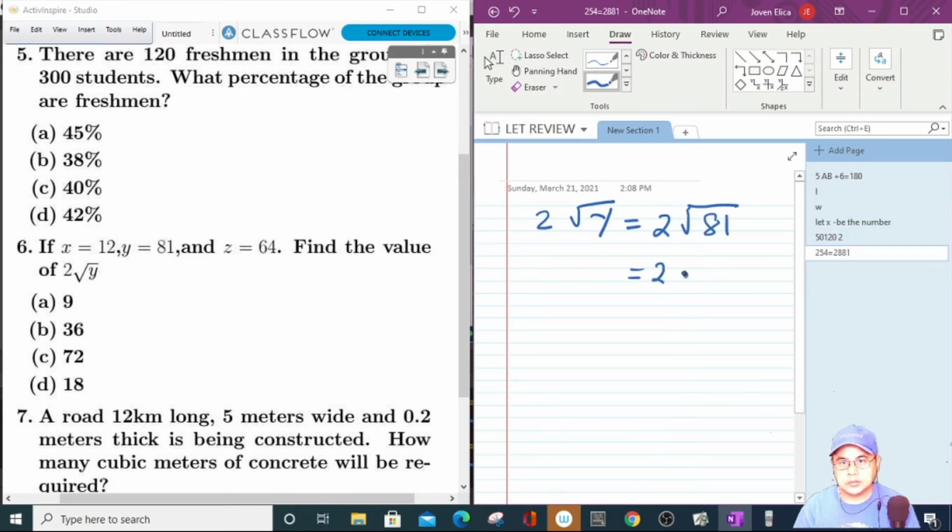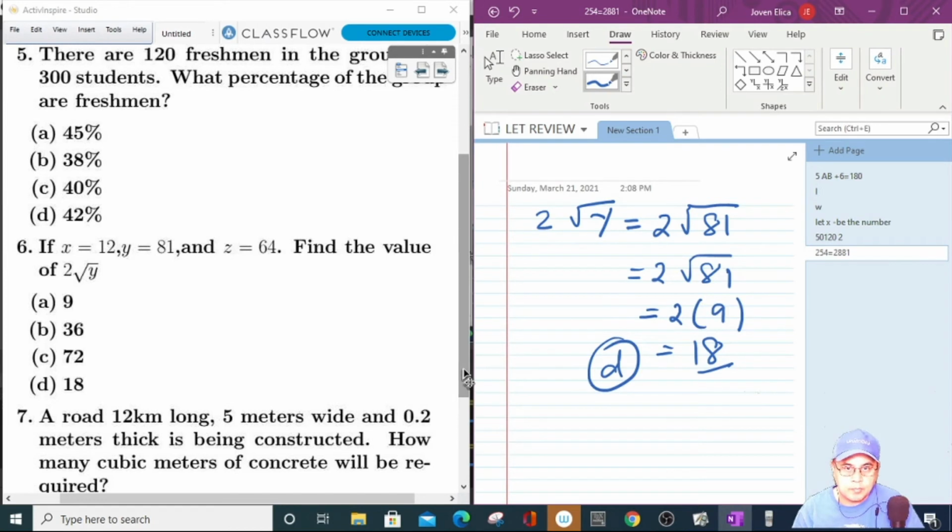So therefore, 2 square root of 81: 2 multiplied by the square root of 81, which is 9. 2 times 9 is 18. So the answer here is 18, letter D. This is also a tricky question.